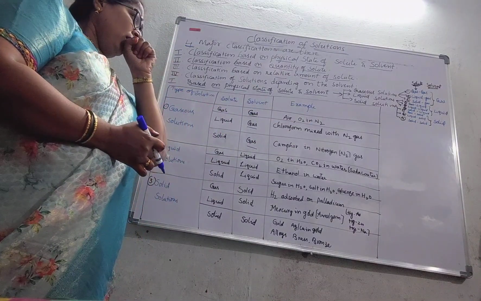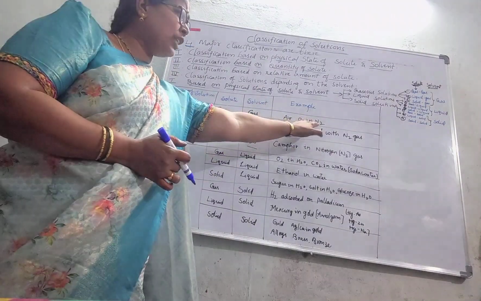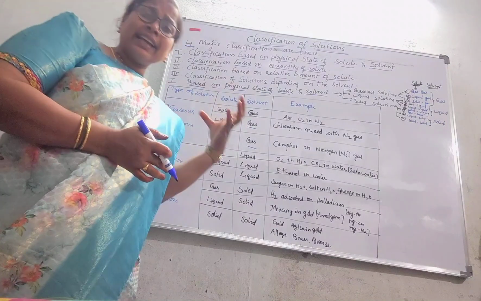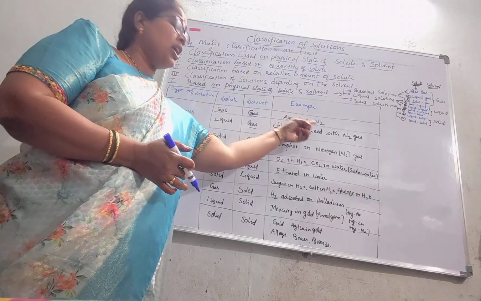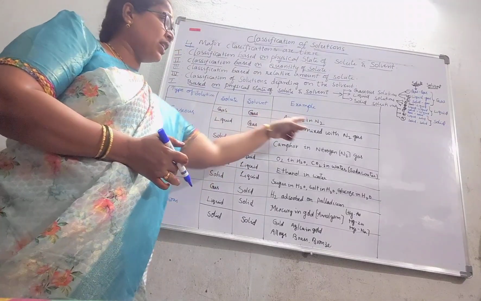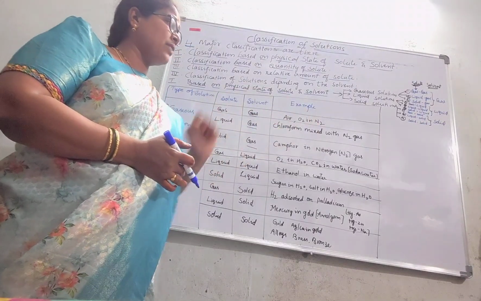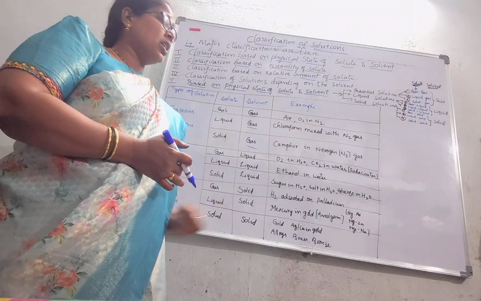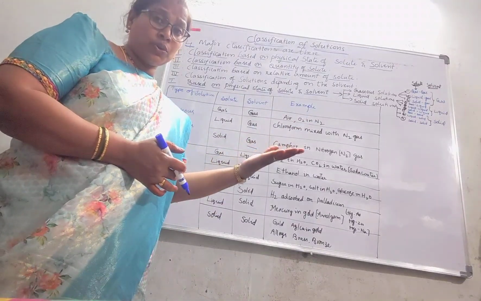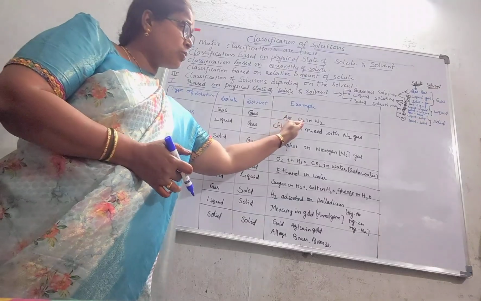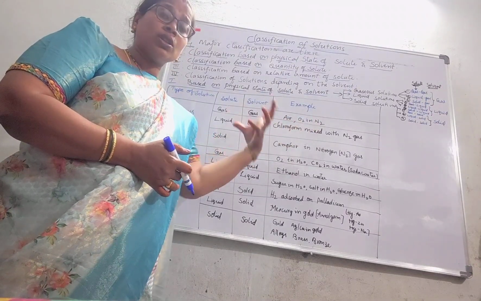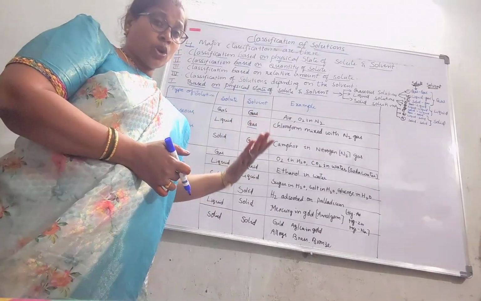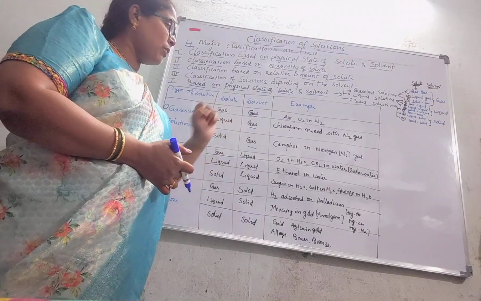In air the major component, the larger quantity gas, is nitrogen. That's why we say oxygen in nitrogen. Oxygen is the smaller quantity one, the solute, which is a gas, and nitrogen is the larger quantity one, which is the solvent in a gas type of solution.